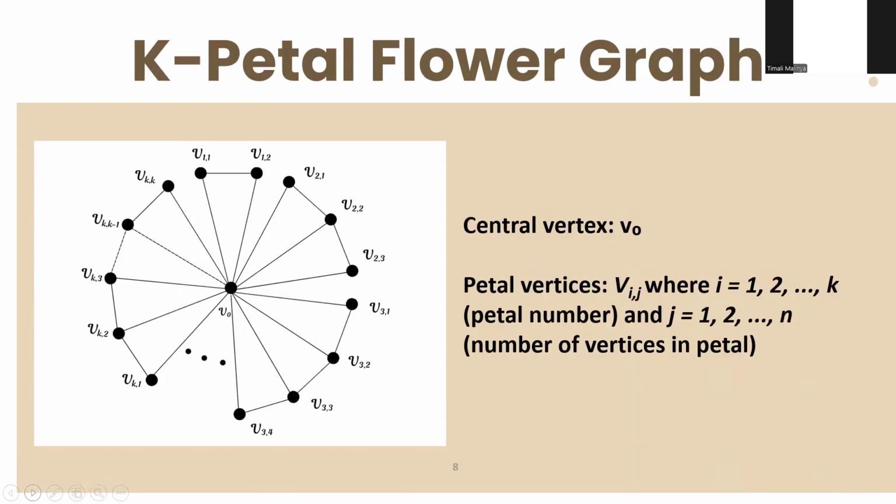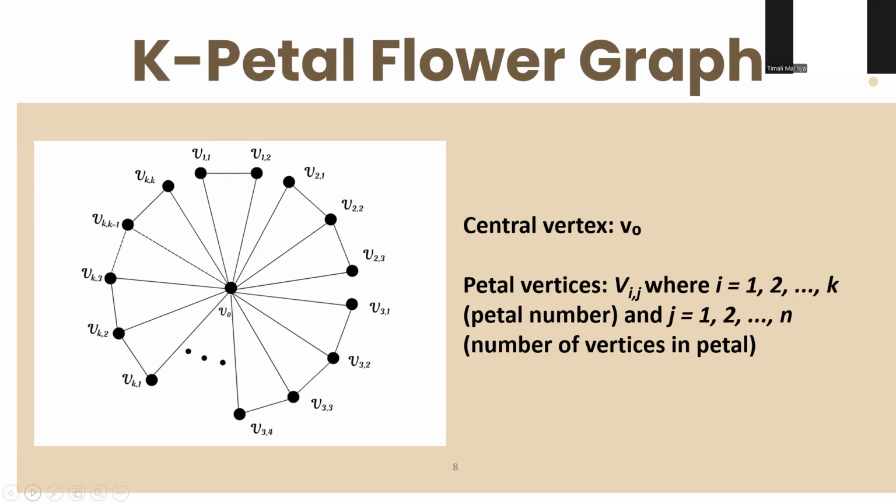Let's move on to the k-petal flower graph. Let me now describe the graph structure more precisely. A k-petal triangular flower graph has a central vertex V0 at its center. Attached to this central vertex, there are k petals.